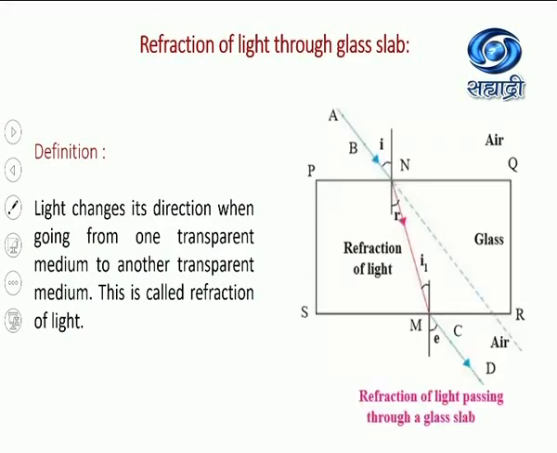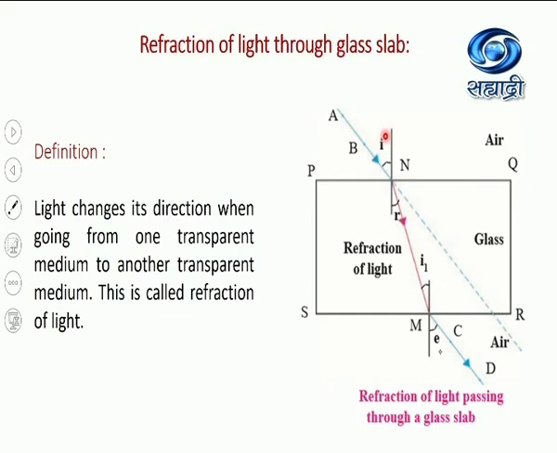The diagram will look like this. Here, AB is the incident ray, then BC is the refracted ray, and CD is the emergent ray. I is the angle of incidence, R is the angle of refraction, and E is the angle of emergence.